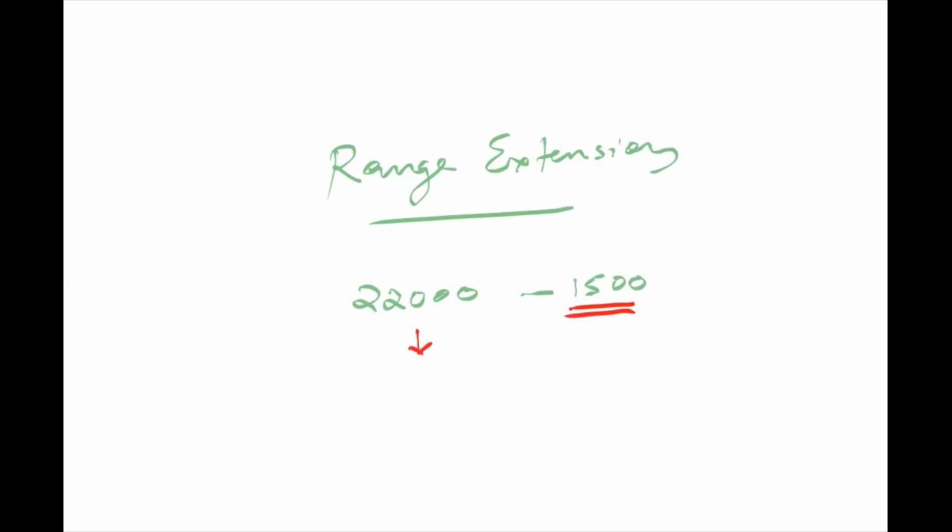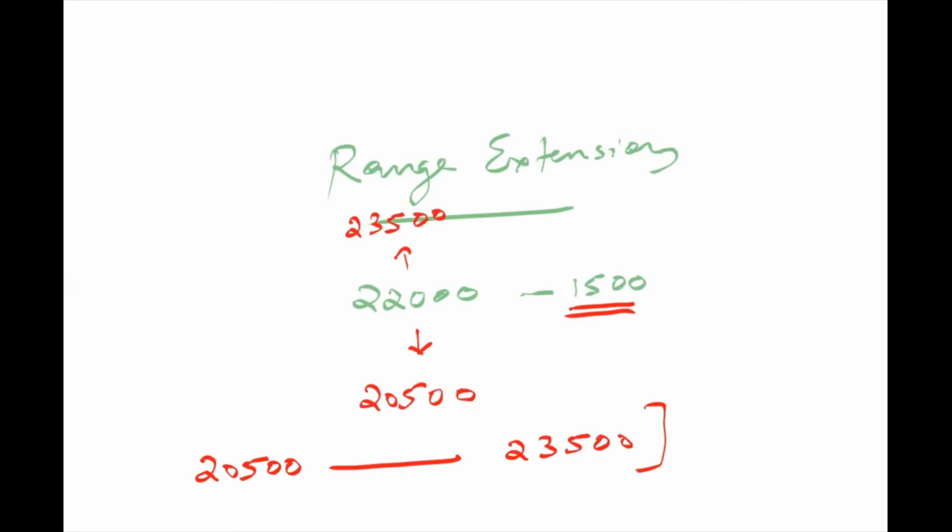The range on the downside is 20,500 and the range on the upside is 23,500. So what is our current range? 20,500 to 23,500. Below 20,500, the put option buy will protect you, and above 23,500, the call option buy will protect you.